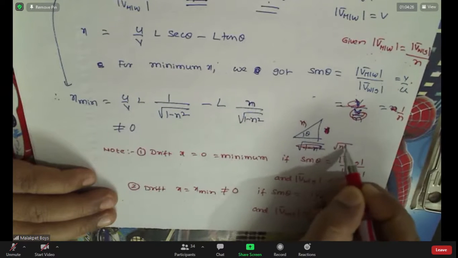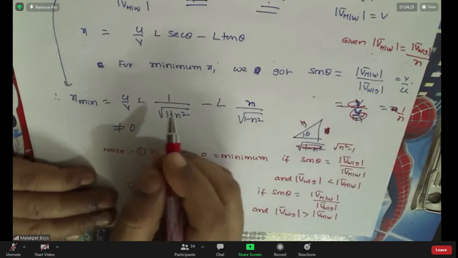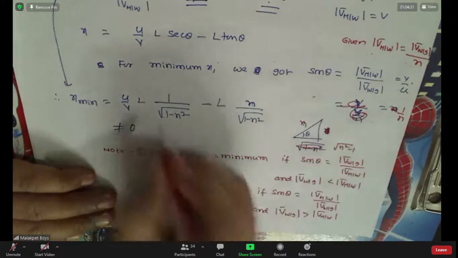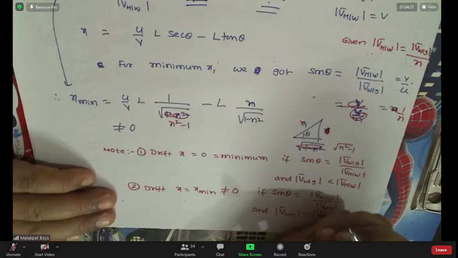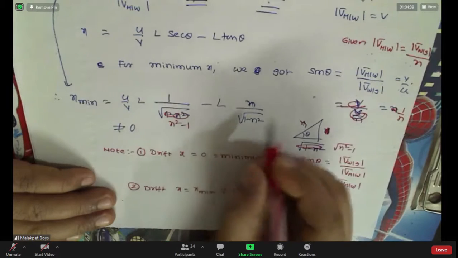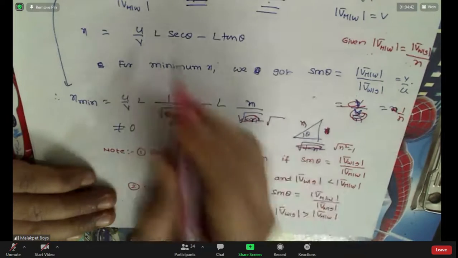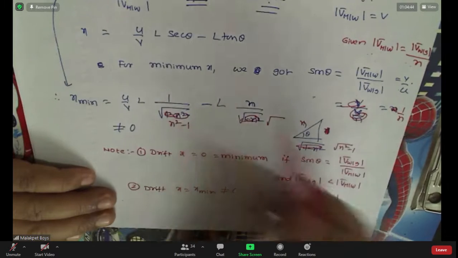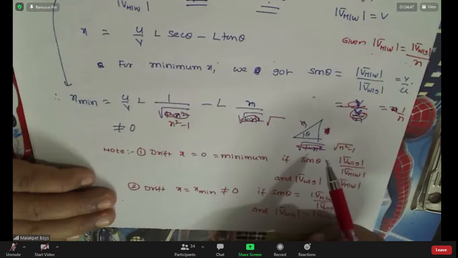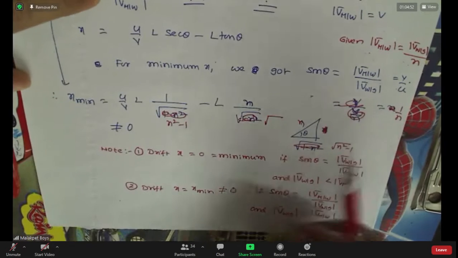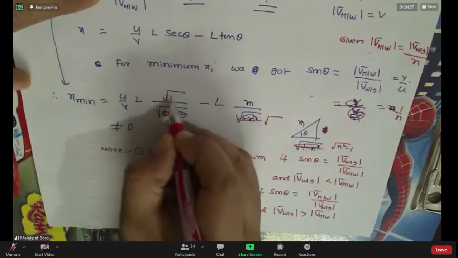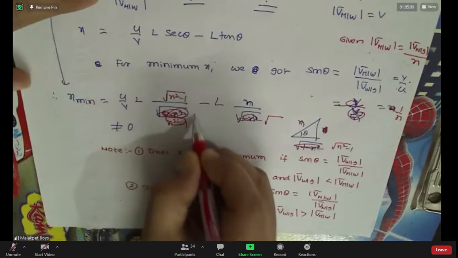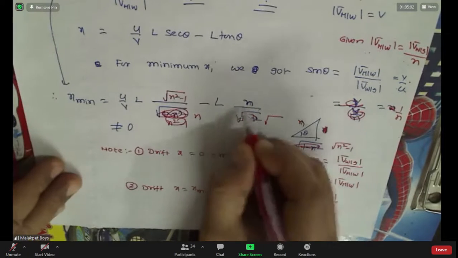Okay. See, remember that even I too don't remember any formulas. I have to derive everything. This is n square minus secant theta is first one. This is secant theta. Tan theta.